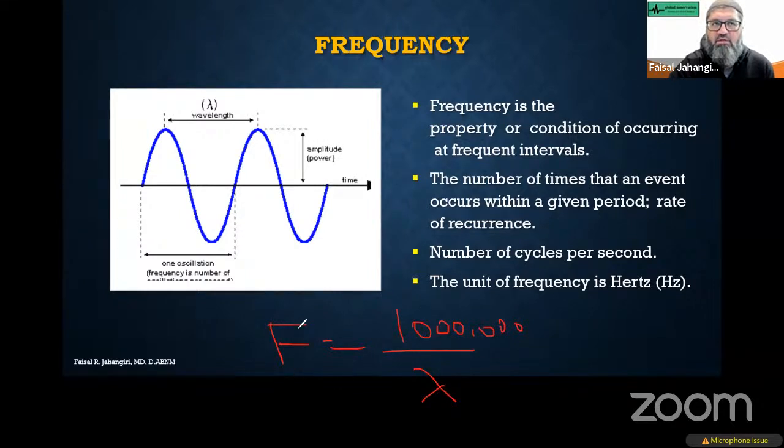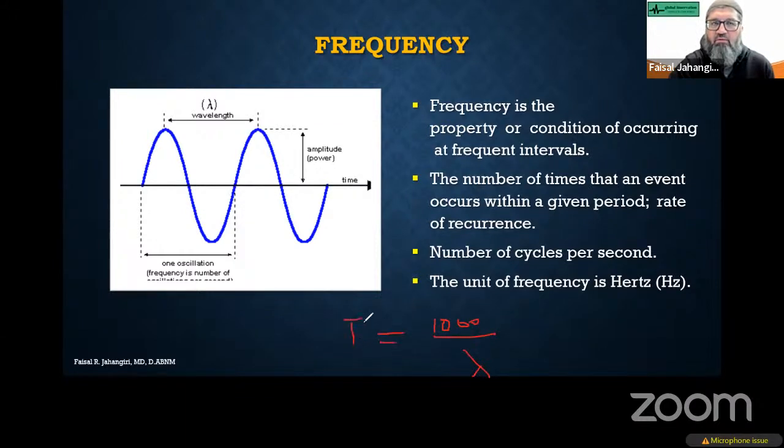If you want to change the frequency to the wavelength, you divide 1 million by the frequency. You divide 1 million by that number if it is in microseconds. If it is in milliseconds, then you divide 1000, because there are 1000 milliseconds in a second.